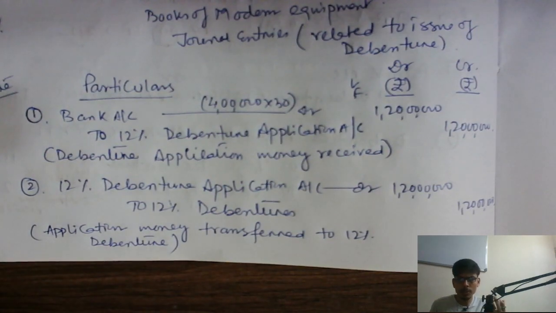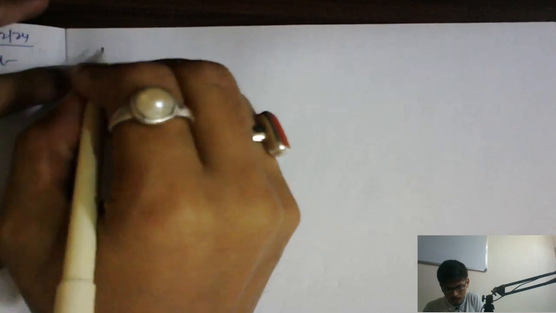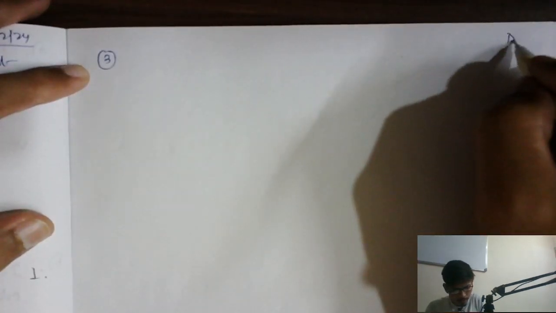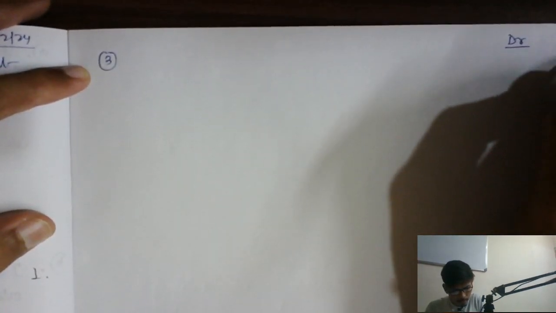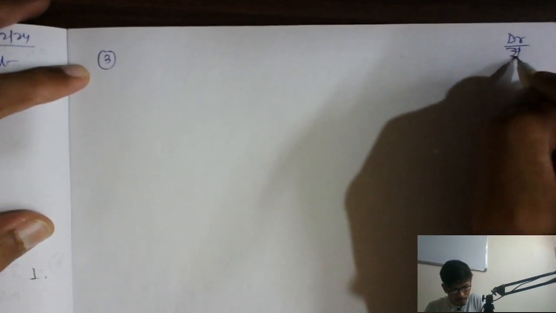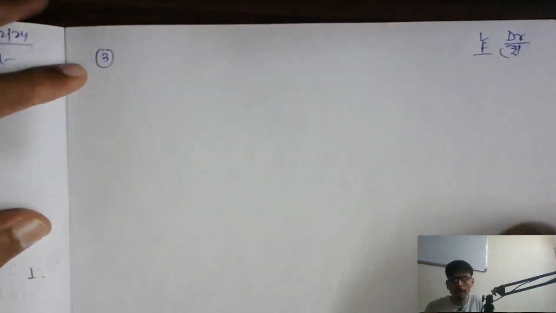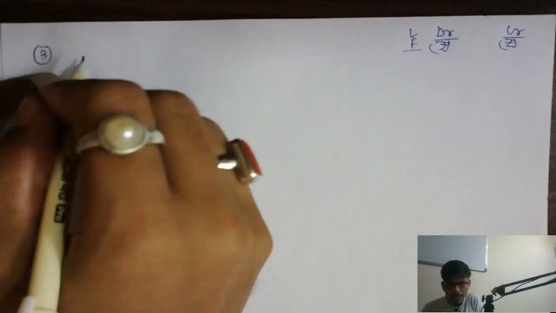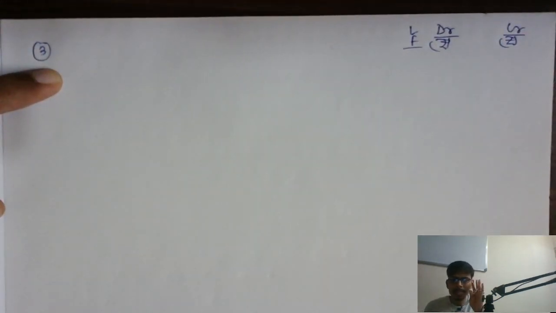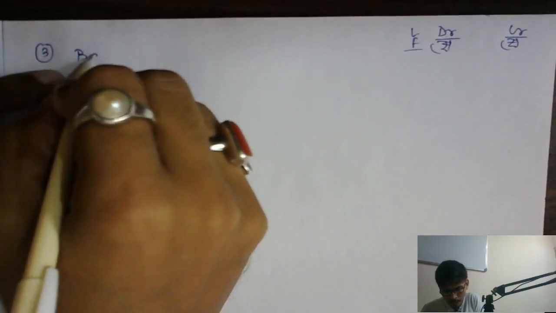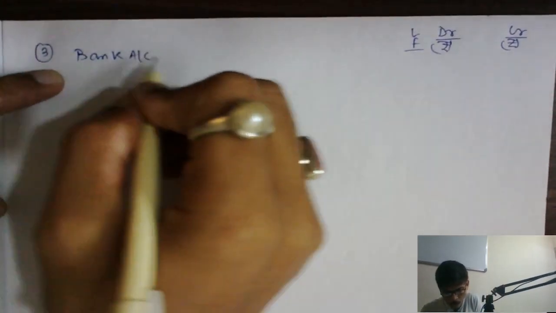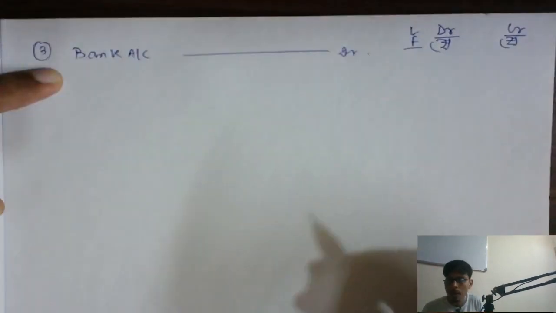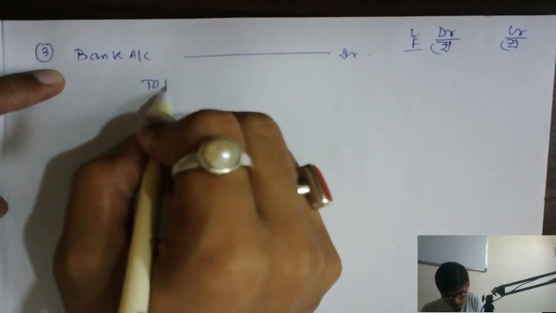Now we are going to move to the debenture allotment. Let's do the third one, sir. We are making it in a single journal entry. Bank account debit to 12% debenture.